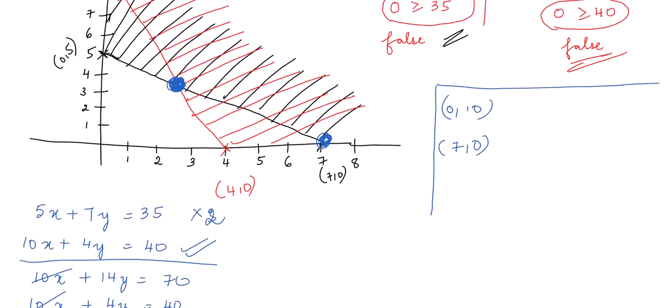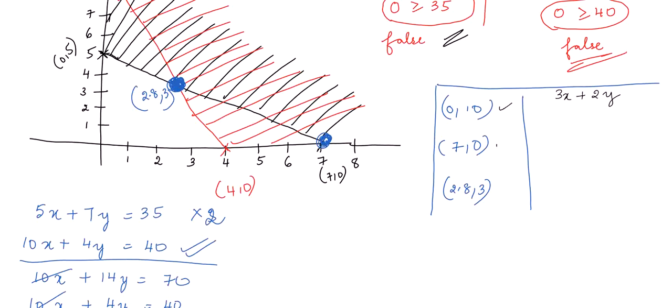That means in the graph, this point is 2.8 comma 3. Then I'll substitute the values. What is the objective function? The objective function is to find the value of 3x plus 2y at each point.